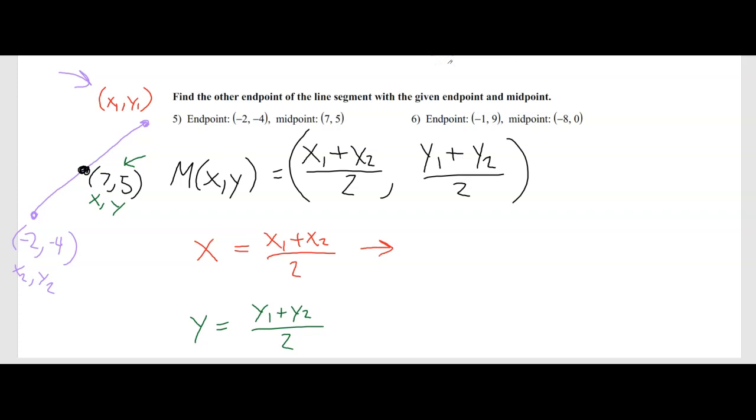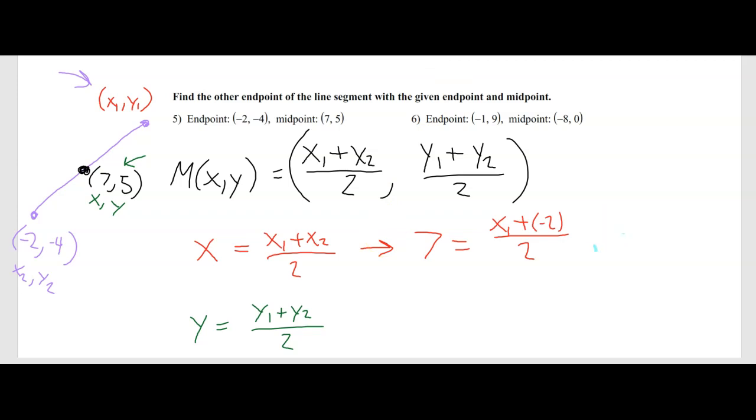So for my x values, I know that my x value of the midpoint is 7. My x1, I don't know. My x2, I know is -2. All over 2. I'm going to keep doing this horizontally.